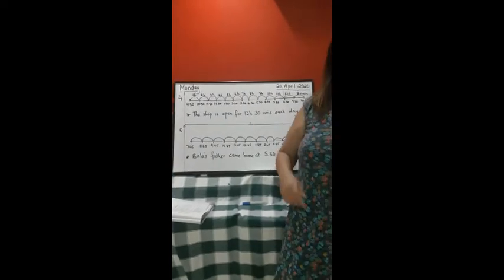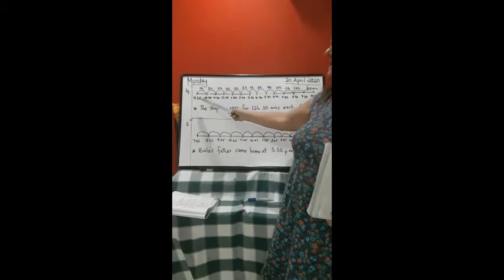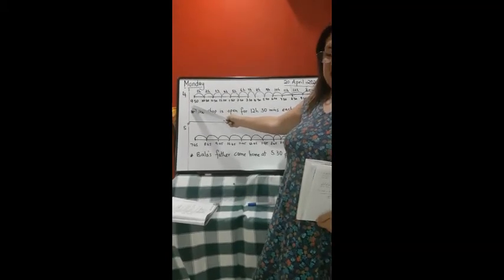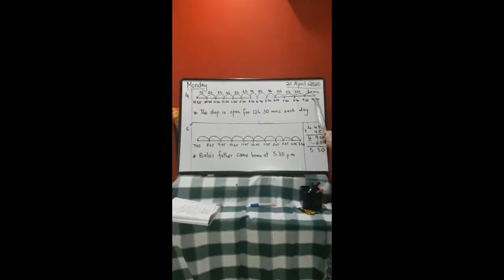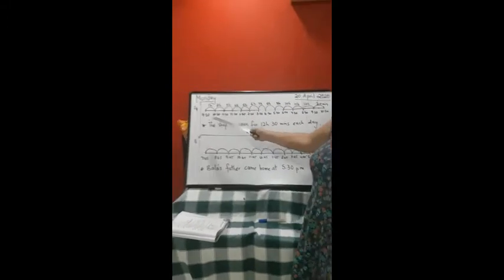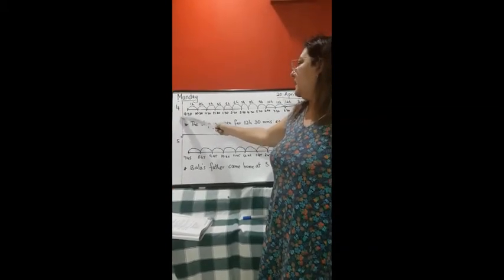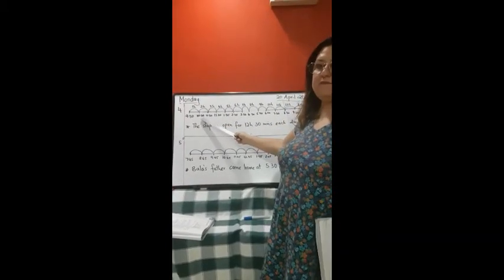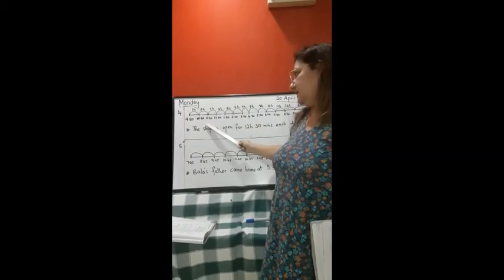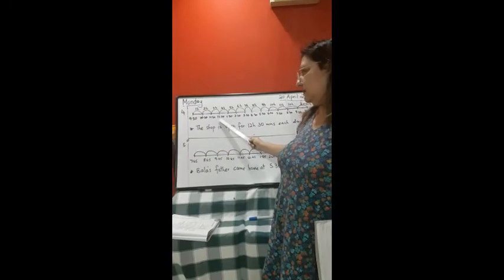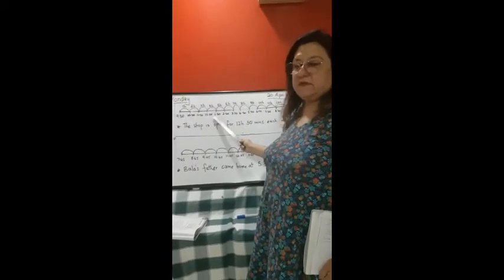Now in this we know the start time and we know the end time. The start time is 9:30 and the end time is 10:30. So 9:30, next hour is 10:30. Next hour is 11:30. Next hour is 12:30. Next hour is 1:30.